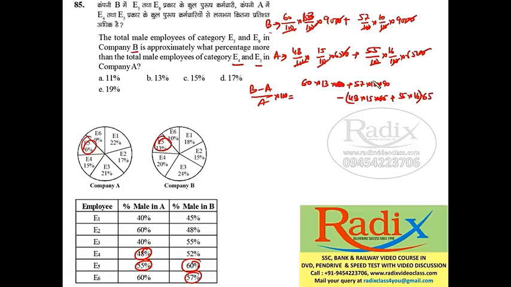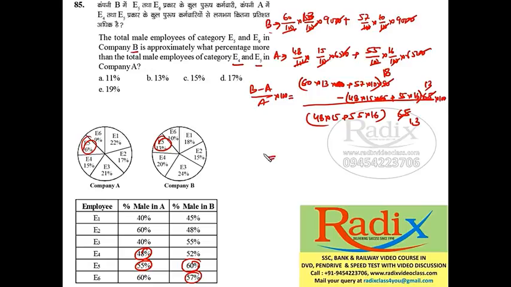Here take 90 common upon 48 into 15 plus 55 into 16 into 65. Now we can cancel this by 5, 18, 13 and 13, and 100 is also there.